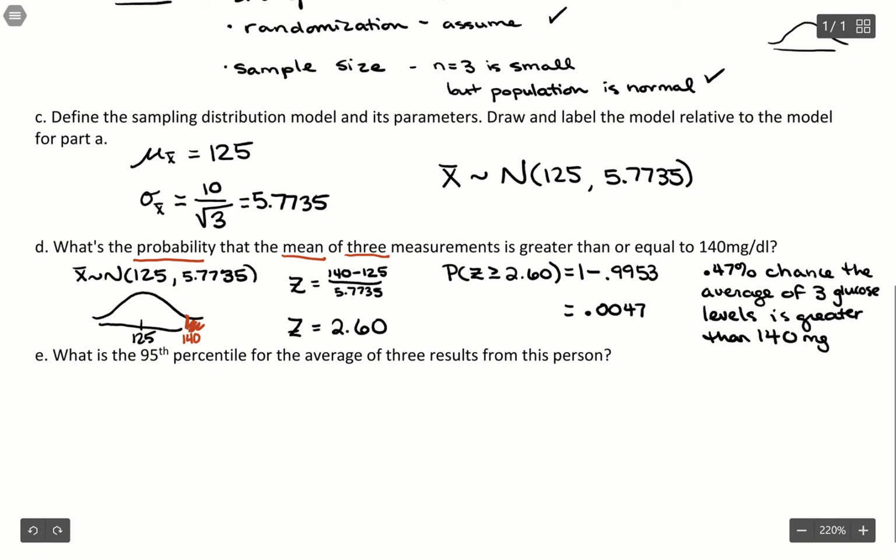So our wording changes a bit because now it's about the probability of an average occurring with a certain sample size attached to it. We can also ask questions about percentiles.